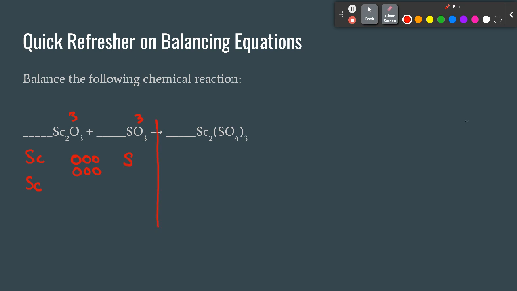On my products side, I have 2 scandium atoms. And then I have 12 oxygens. This 3 applies to the 4, which is on the O, meaning I have 12 oxygens.